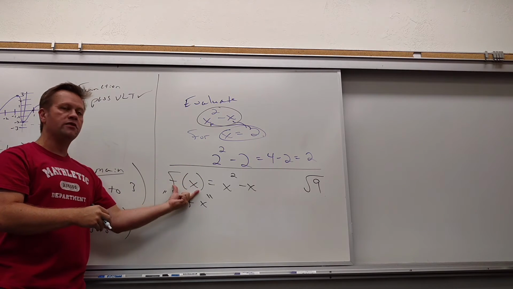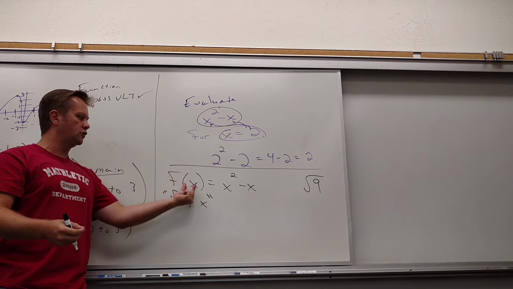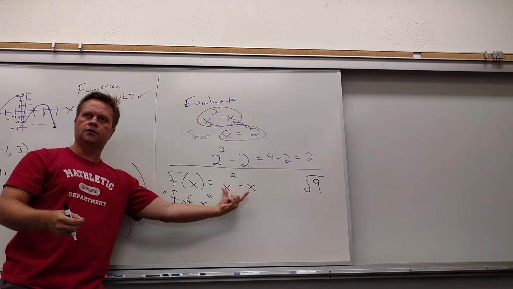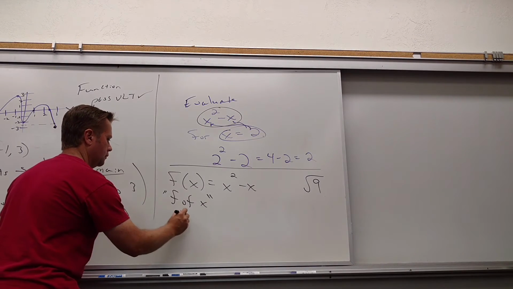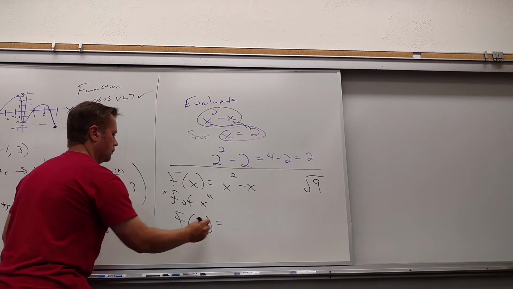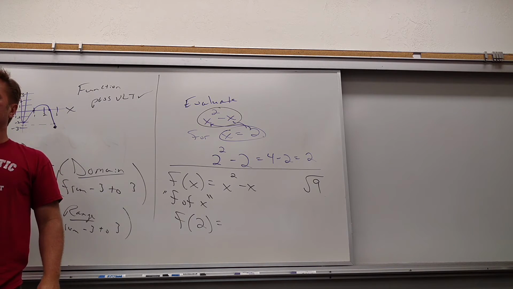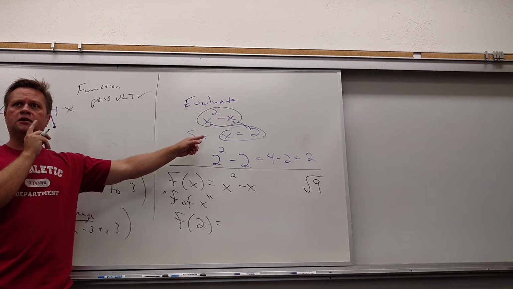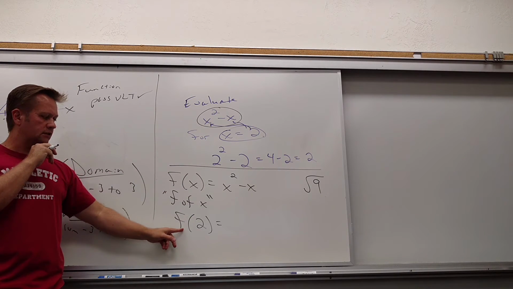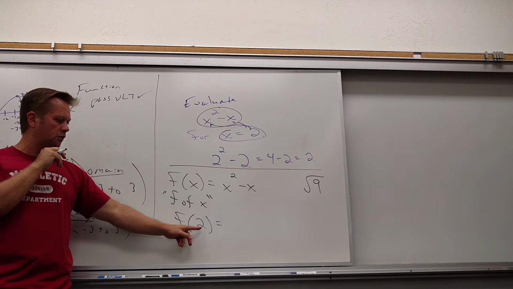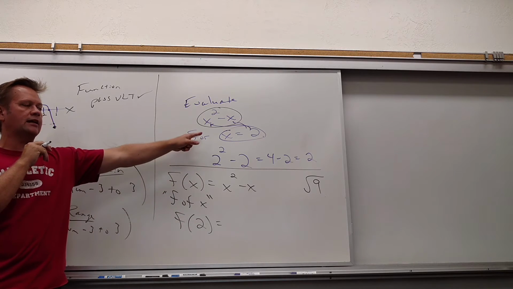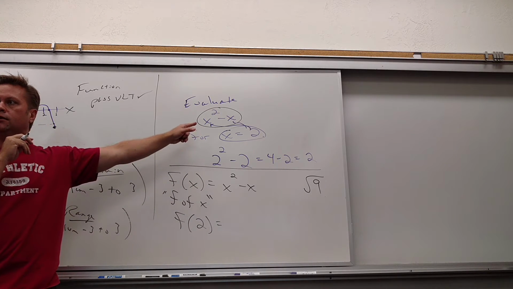This is one thing, f of x. What does f do to x? It does this. So what would this be then? Same thing. So really, what is this saying to you? It says, what do you get when you put a 2 into f? That's the exact same thing that this asks you to do, right?